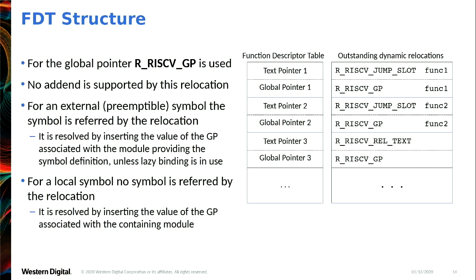And another relocation gives the notion of the global pointer. It's going to be resolved to the value of the global pointer associated with a symbol by the dynamic loader.